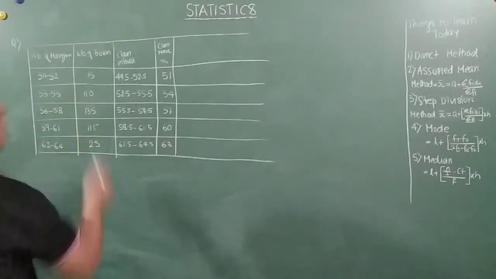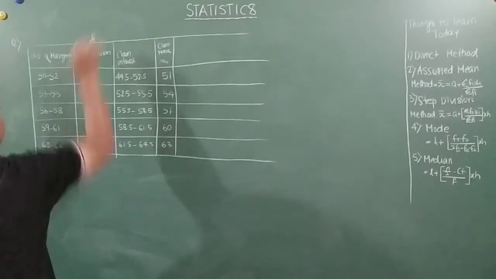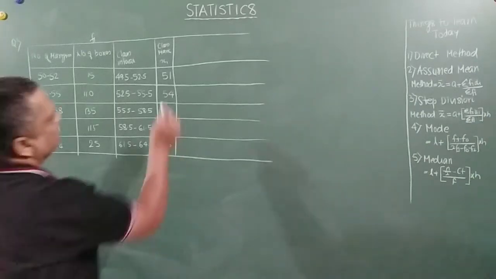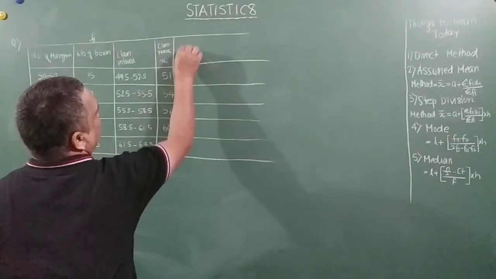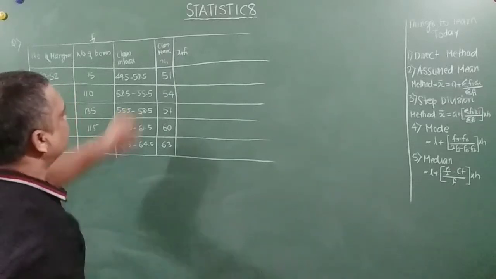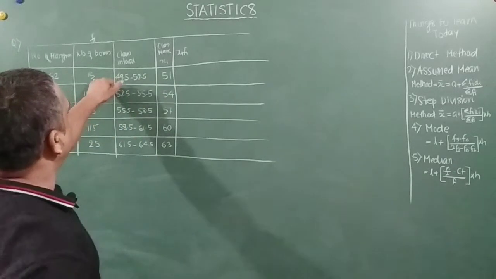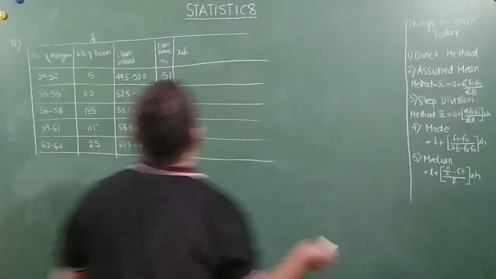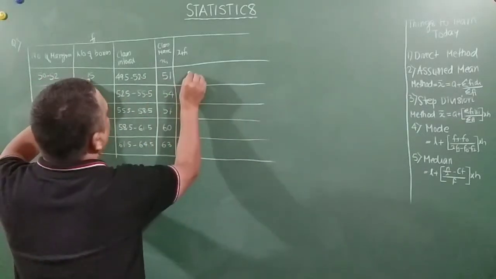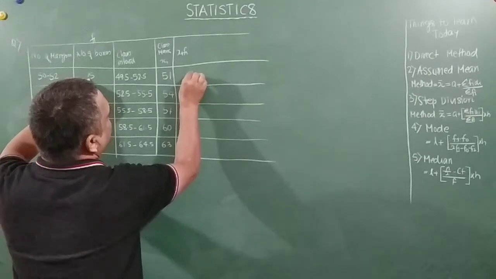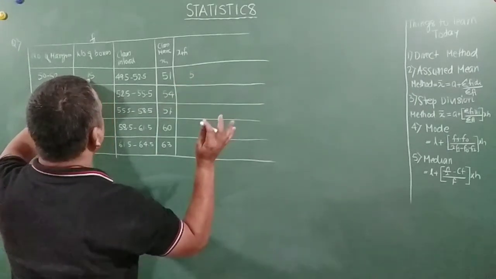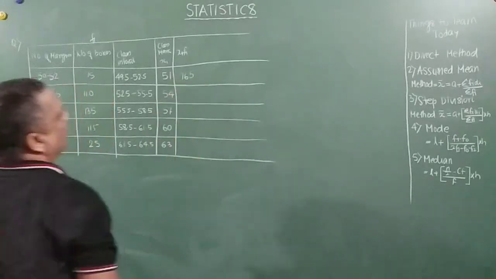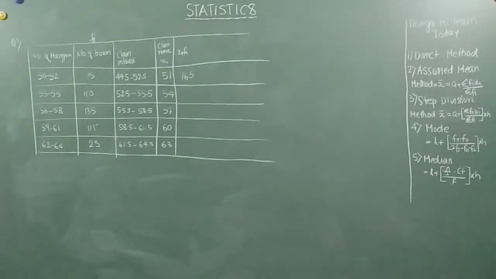We already know our Fi is this. So we can find out Xi Fi, that is this into this. So 51 into 15, we can do straight away. 15 1 ja 15, remaining is 1, 15 5 ja 75, and 1 is 765, right?